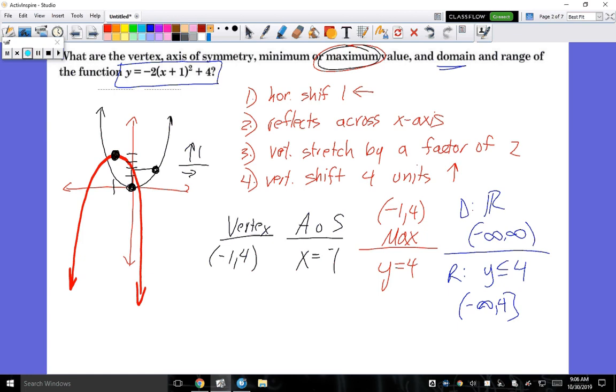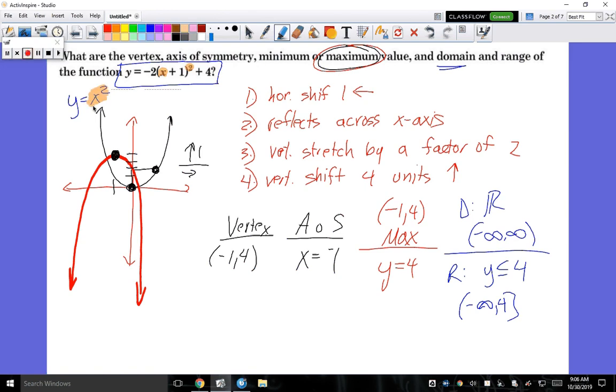Yes, Gianna. So why don't we do anything with the exponent? That's a really good question. Because my original parent function, the default, came from this function right here. It all starts from this.